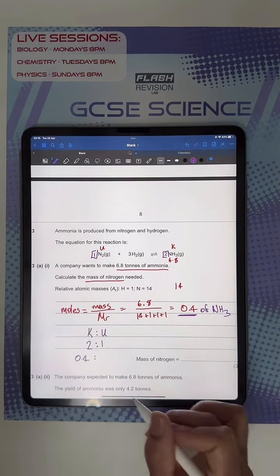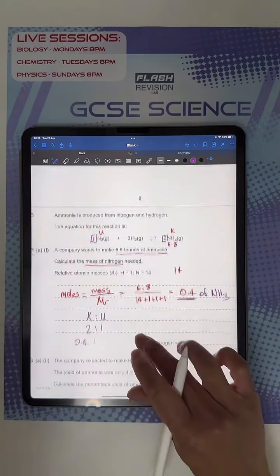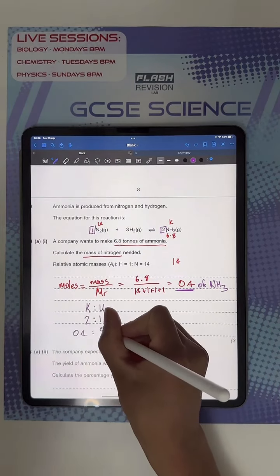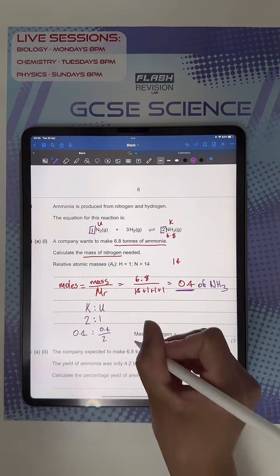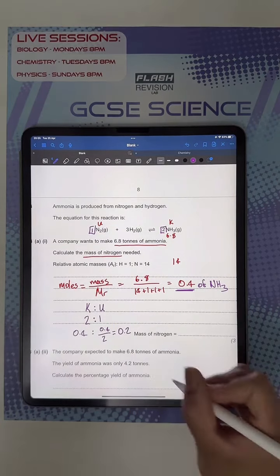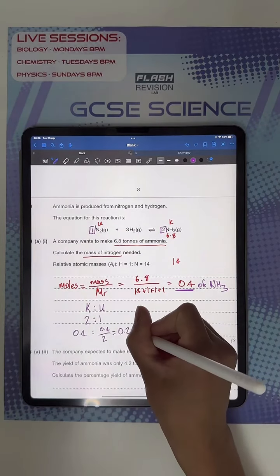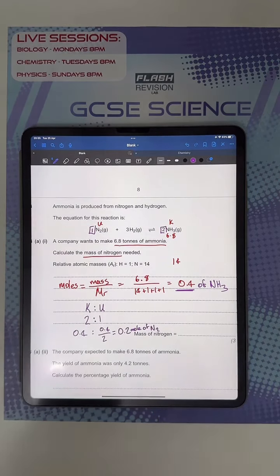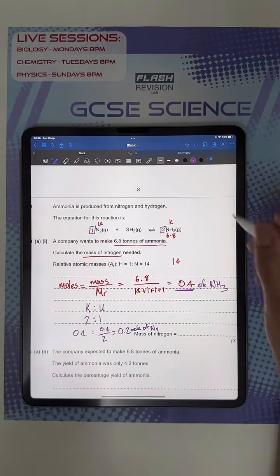Basically you need to divide this by 2. Because it's a 2 to 1 ratio, you do 0.4 divided by 2, which gives you 0.2. So that's 0.2 moles of N2. That's our third step done.